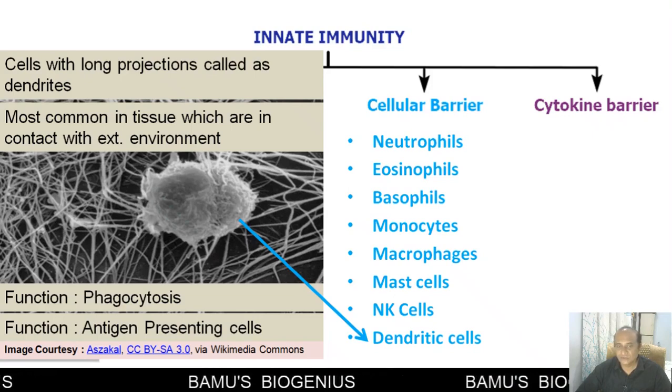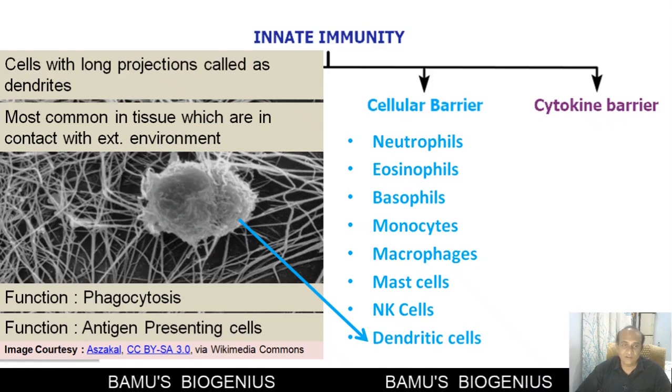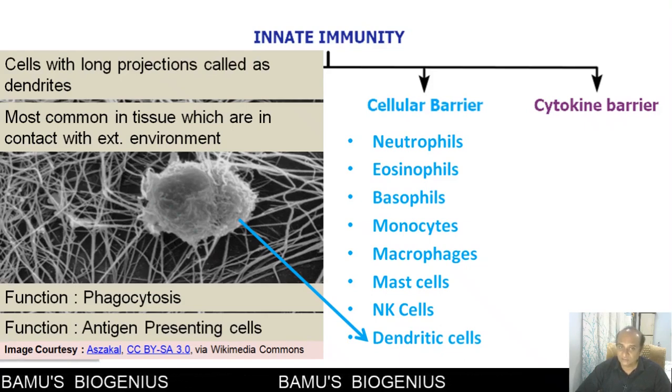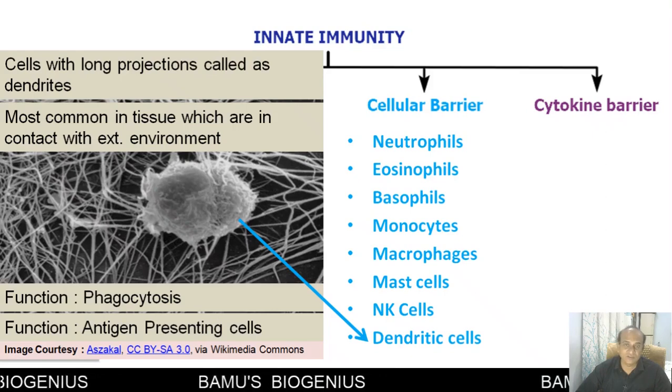So this is how dendritic cells take part in connecting innate immunity with adaptive immunity. This is all about the cellular barrier in the innate immune system, which is responsible for tackling pathogens as the first line of defense.